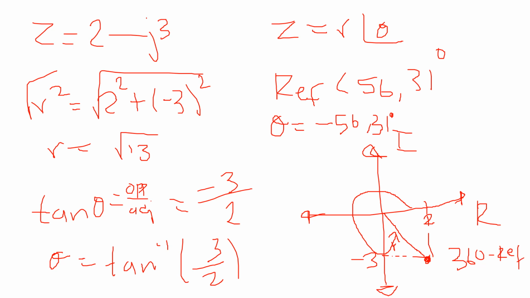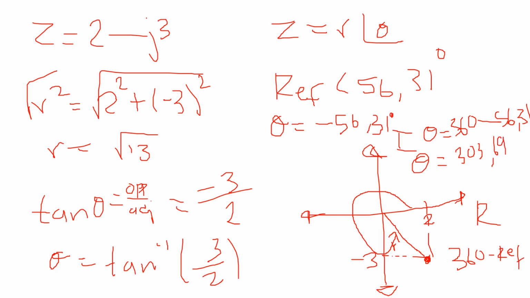So for you to get theta, you will say now our theta is equal to 360 minus 56.31, which is equal to 303.69.